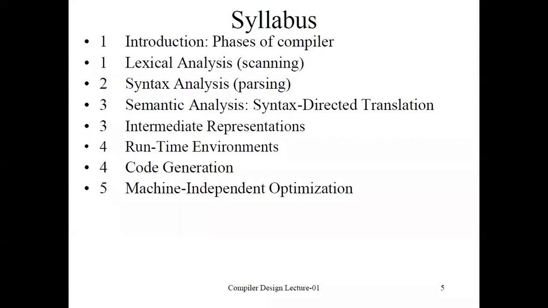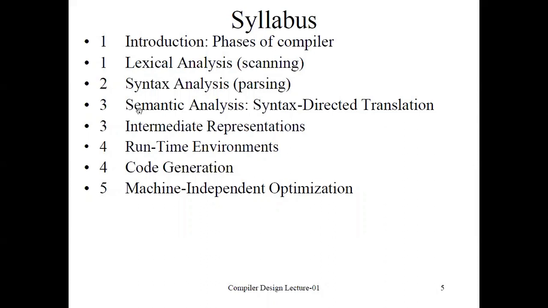Like that, in compiler design also the phases are ordered, but here you can follow from phase 1 onwards. First you study phase 1, phase 2, phase 3 and so on, up to phase 6. The first phase is called lexical analysis, also called scanner or scanning. The second phase is syntax analysis, also called parser or parsing.